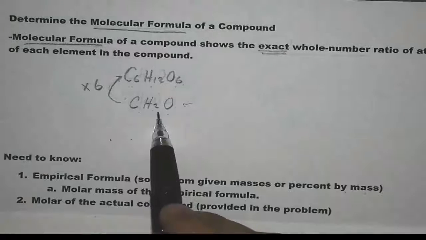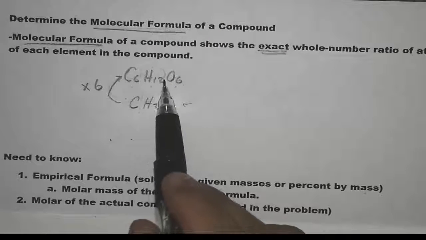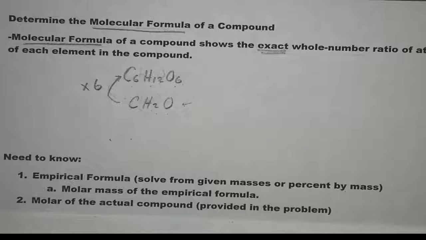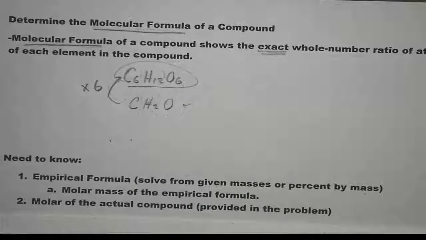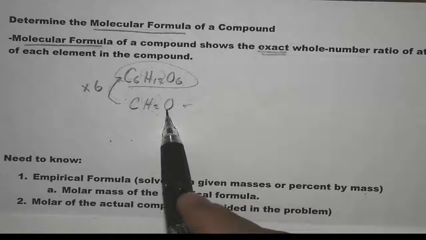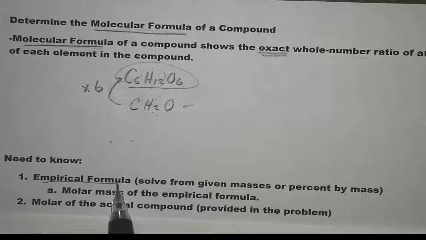Based on the relationship between empirical and molecular formula, we need to know the following information in order to solve for the molecular formula. First of all, we need to know the empirical formula.